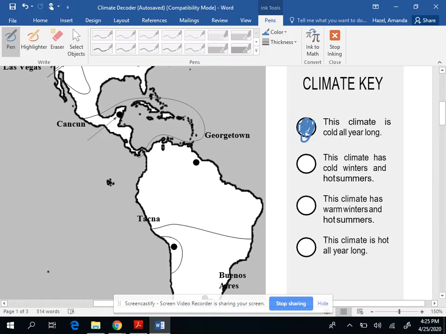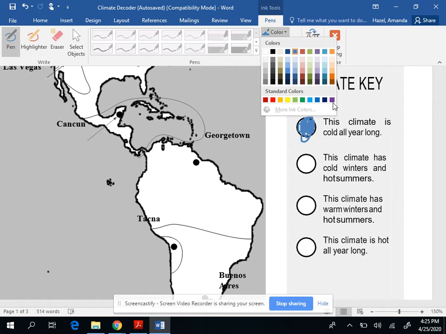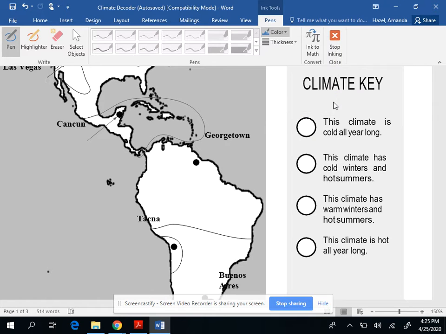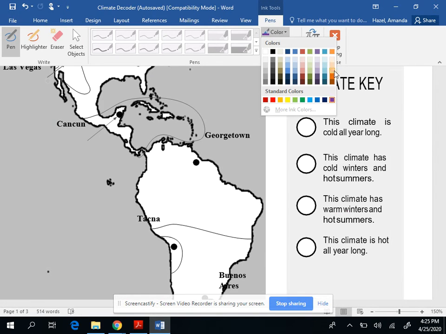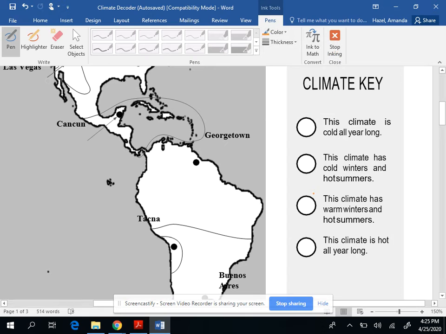So, okay, so cold is blue and hot is red. Put them together, we get purple. Warm winters and hot summers. Warm's yellow, hot is red, so this would be orange. And if it's hot all year long, we'll just stick with red.